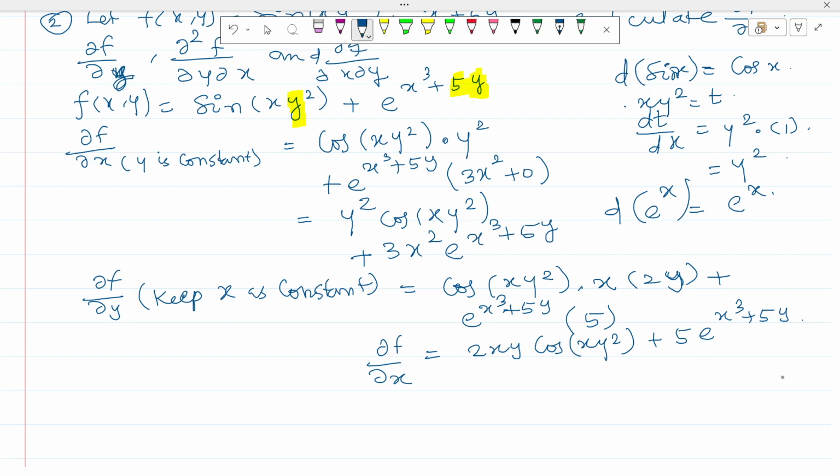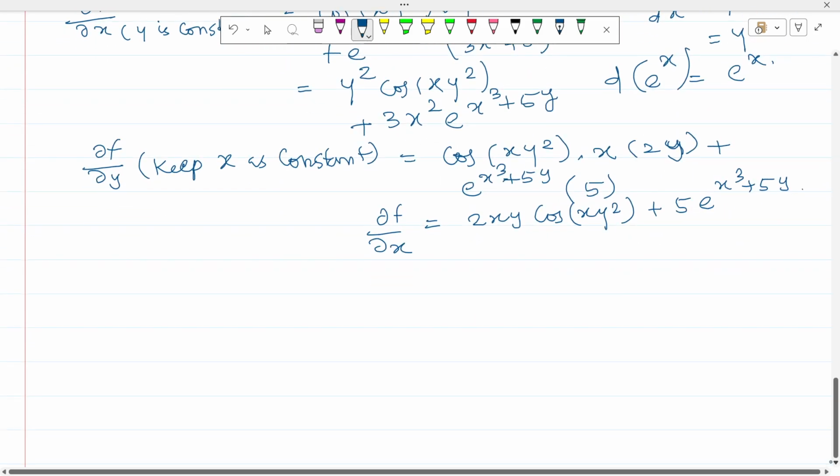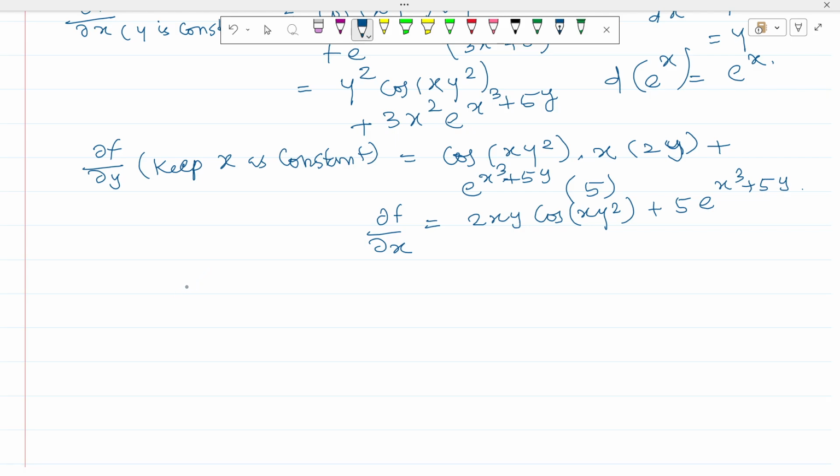Next we have to find the second order derivative, either dou f by dou x with respect to y or dou f by dou y with respect to x. So that means we can find dou square f by dou x dou y. That means dou by dou x of dou f by dou y.